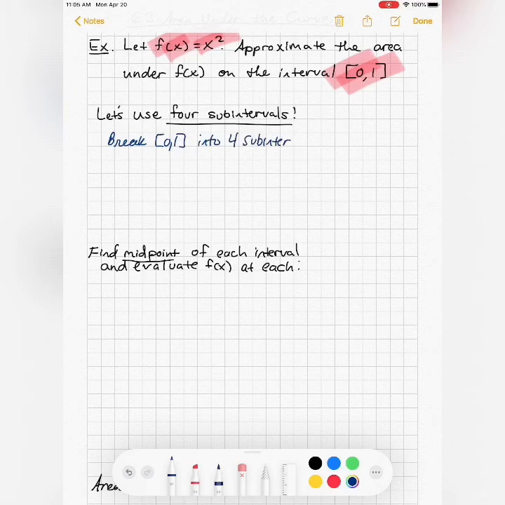So we're going to cut it into fourths. If I do that, my intervals would be 0 to a fourth, a fourth to a half, a half to three-fourths, three-fourths to 1.